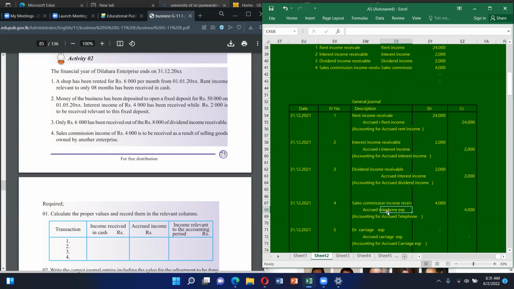Sales commission income, sales commission, 4,000. Accounting for accrued sales commission income. This is sales commission.